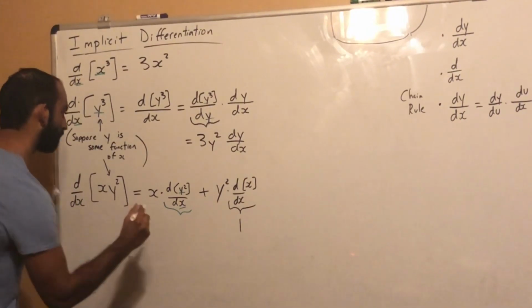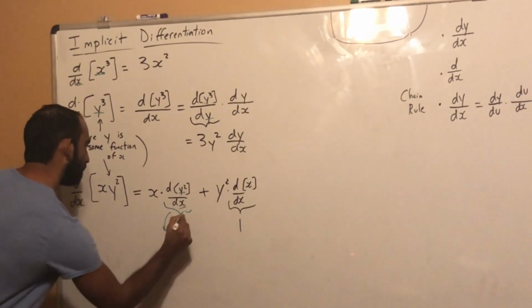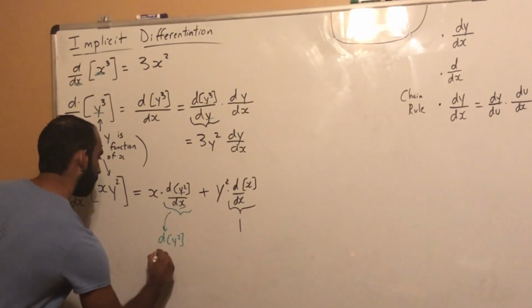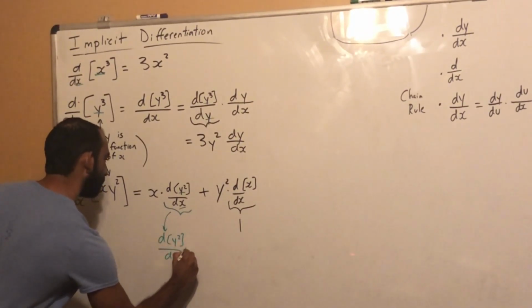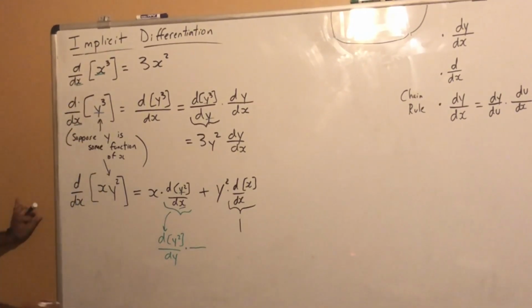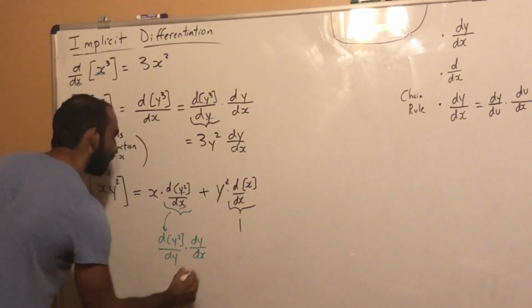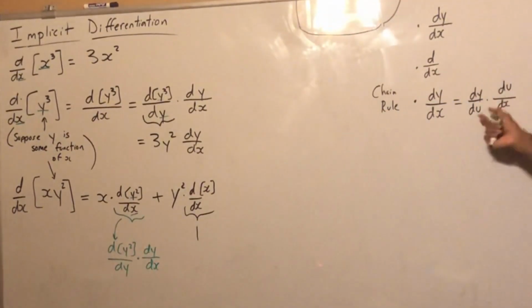So, let's use a different color. This guy equals the derivative of y squared with respect to y times what? dy over dx, remember. You set up the chain rule in such a way that the differentials you create offset each other.